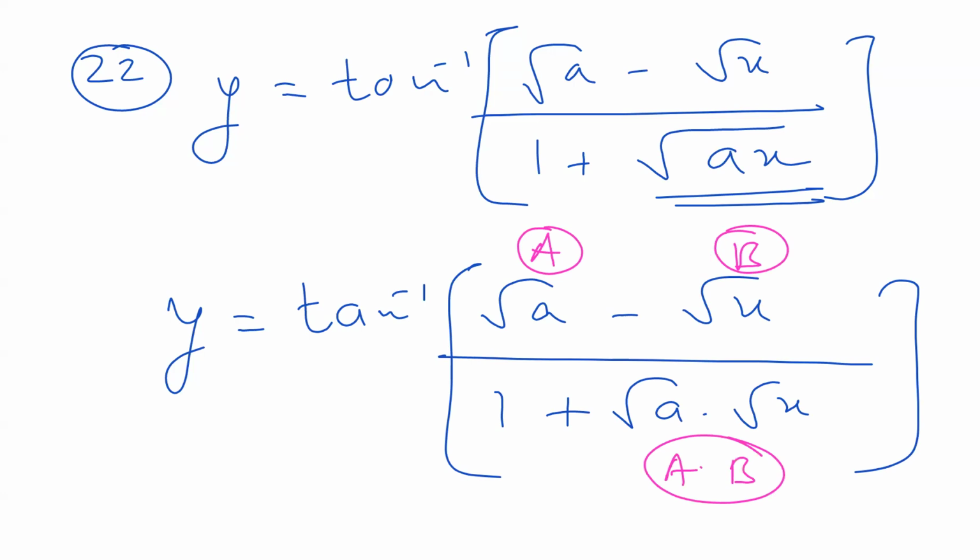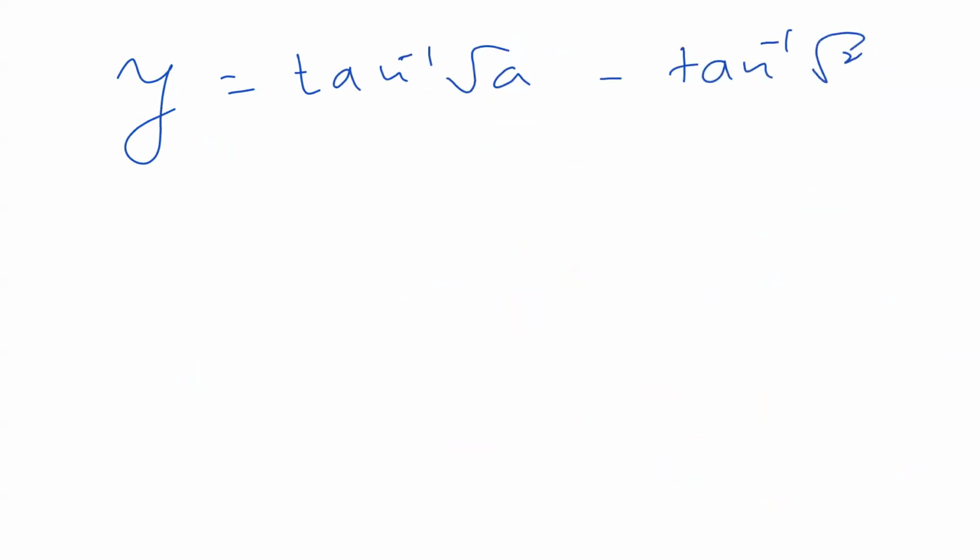So y is equal to tan inverse a minus tan inverse b. You know this formula, right? Tan inverse of a minus b upon 1 plus ab is tan inverse of a minus tan inverse of b.